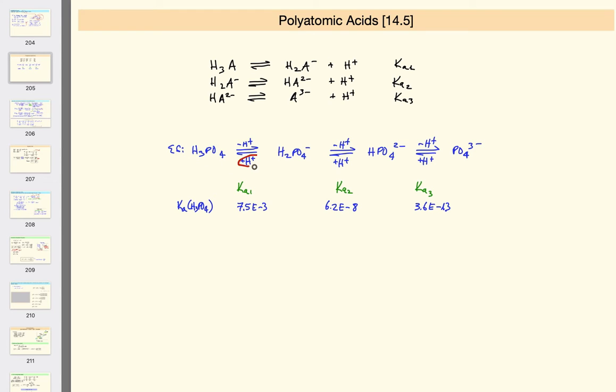Because I've got protons coming off at a bunch of different places. And the short answer is the H plus concentration is going to be the sum of these 3. So to calculate it, you're going to have to do the calculations for 3 different reactions and then add up the H plus values in each of those.